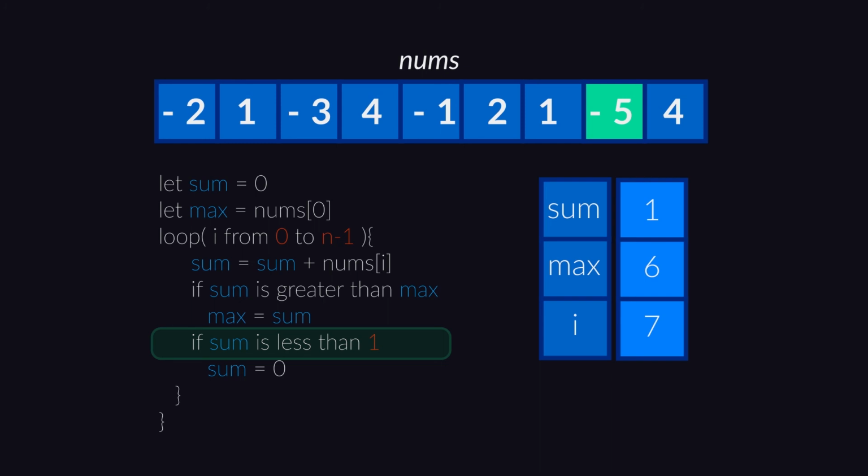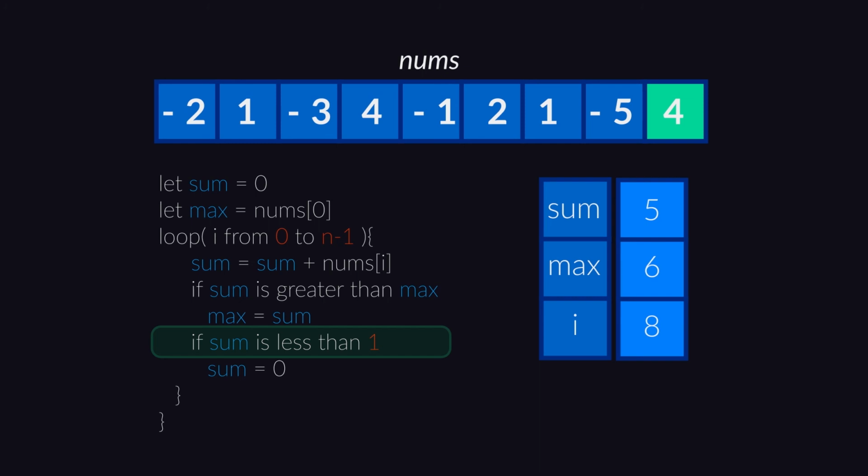So we move to another iteration of the loop where i equals 8. Sum becomes 1 plus 4, that is 5. 5 is not more than 6, so max remains as it is. And the condition below that also isn't satisfied because 5 is more than 1. And then we're out of the loop, and we have our answer as 6.